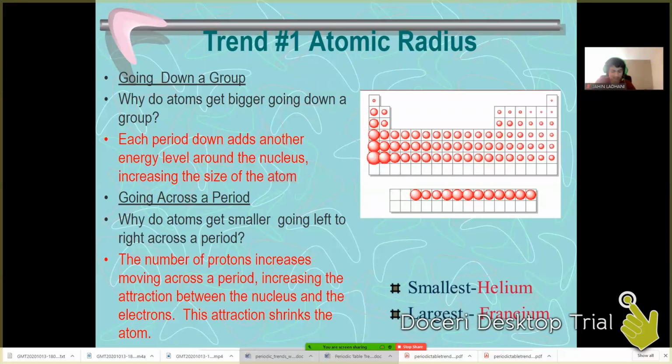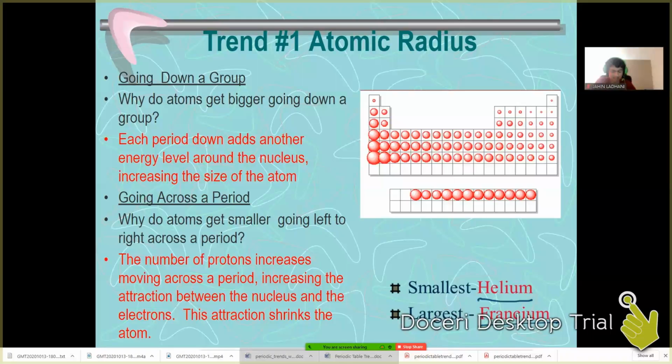All right, so the very smallest is helium, the very largest is francium, and it's good to know the two extremes on these trends, because if you struggle sometimes using the trends, then this may be helpful to you. So in other words, if I listed 5 atoms for you and I said, which one's the largest, you're going to want to pick the one that's closest to francium.